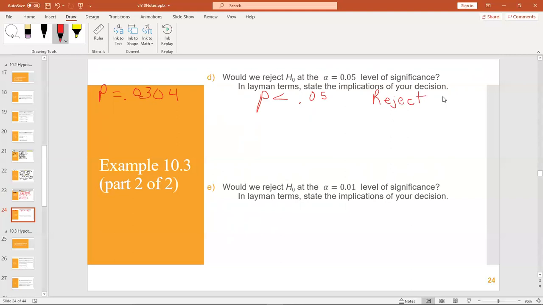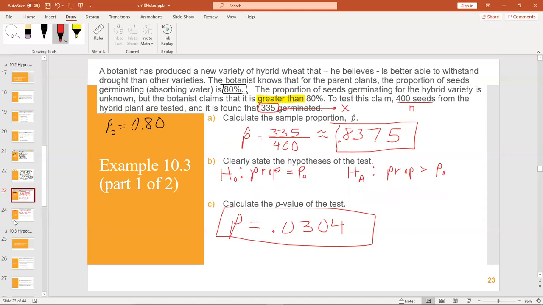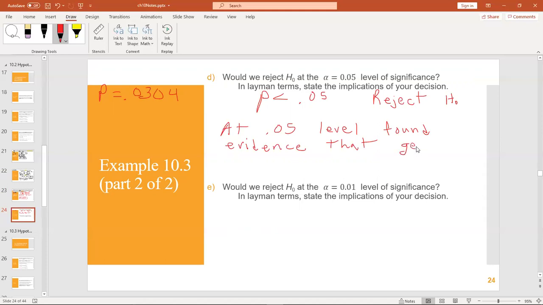So you reject H0. And what that means is, at the 0.05 level, we found evidence that the germination rate is greater. In layman's terms, that's what we found.